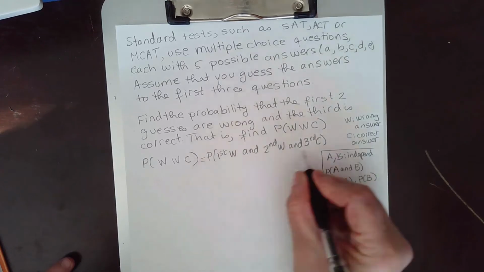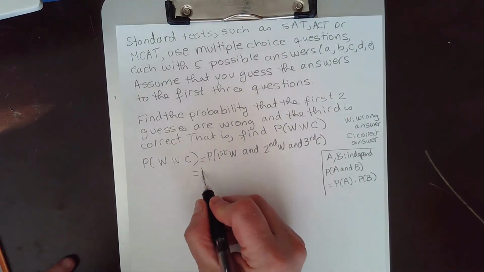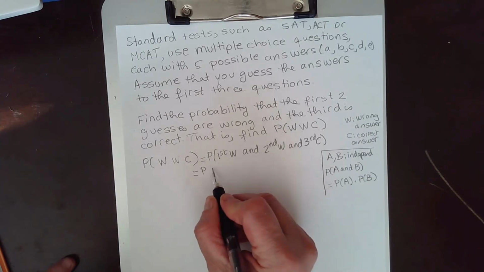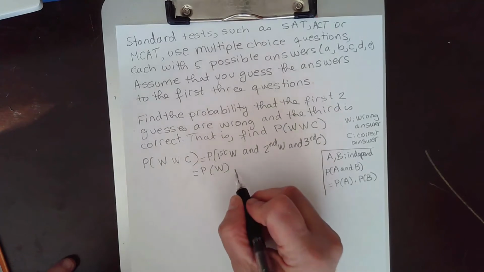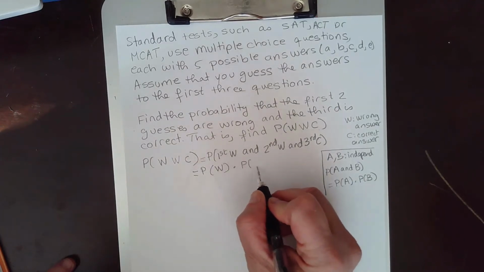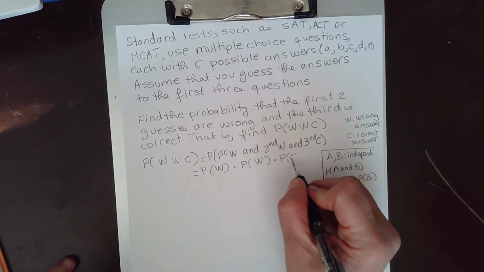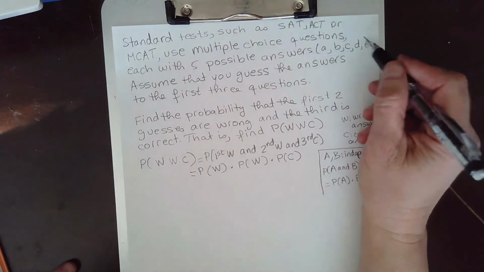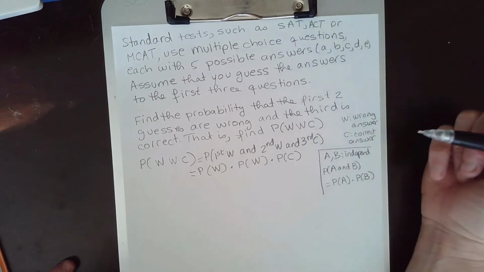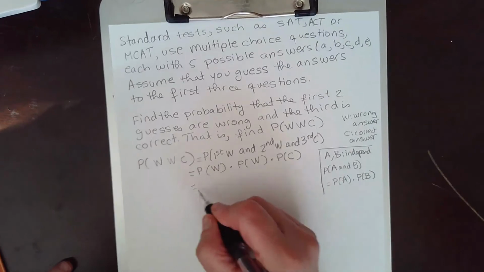Now, since all of these are independent events, the probability is P(W), the first is wrong, times the probability that the second is wrong, times the probability that the third is correct. Recall, we have 5 possible answers. One of them is correct and the others are wrong. So what's the probability of a wrong answer?